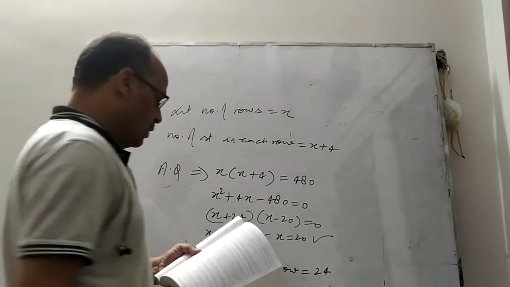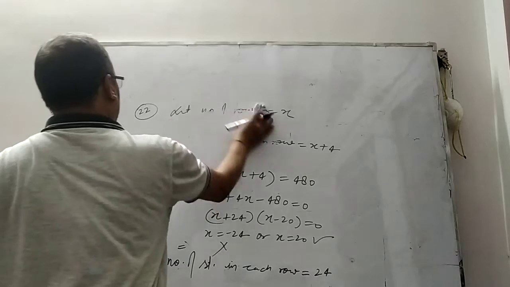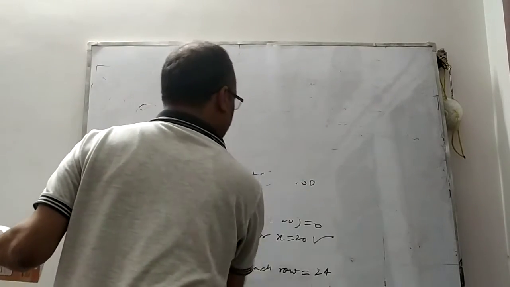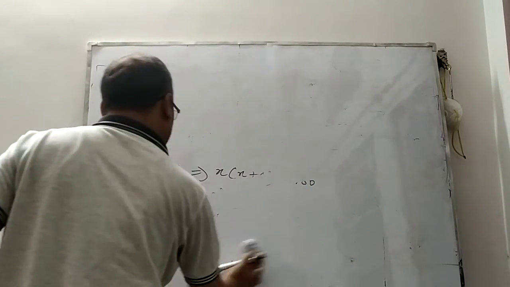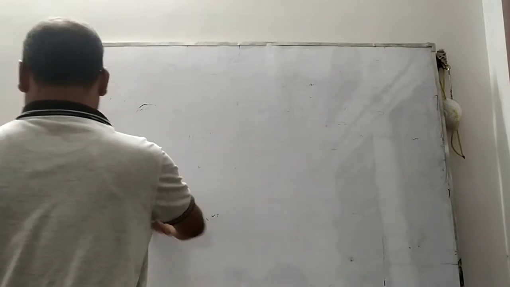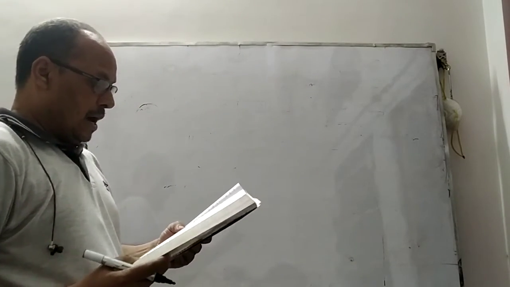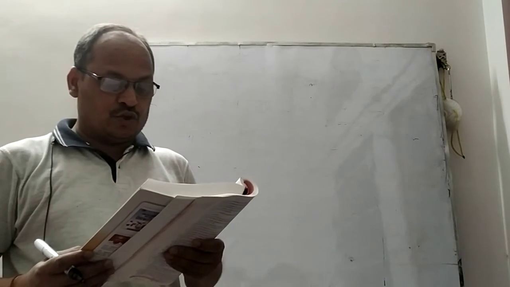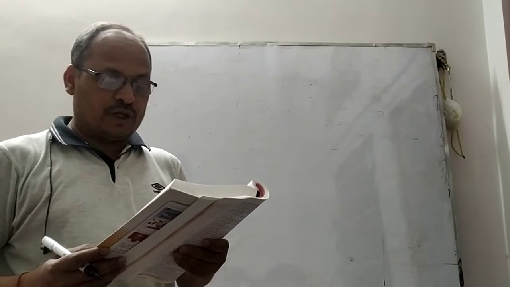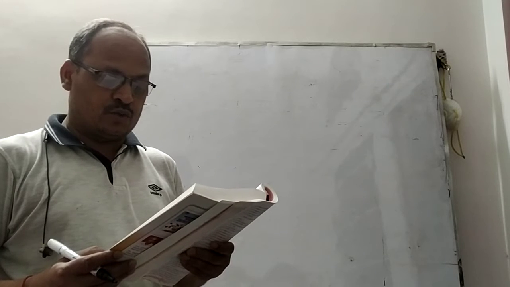Now see question number 24. One more question, then you will try. If you are getting any doubt, you can ask. At an annual function of a school, each student gives a gift to every other student.